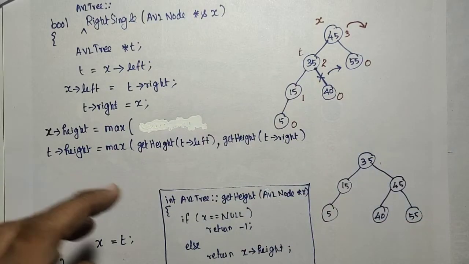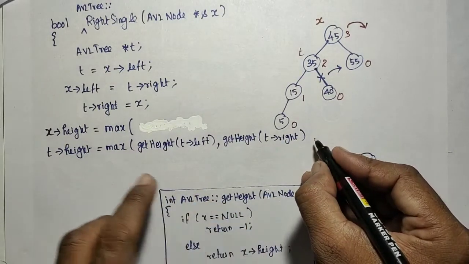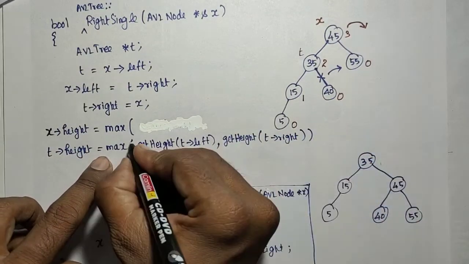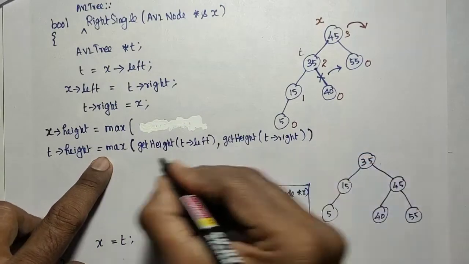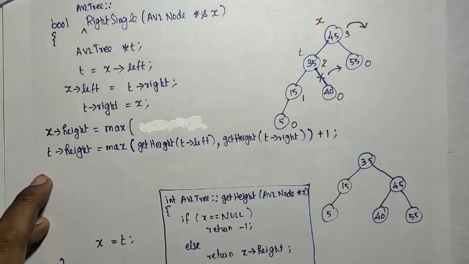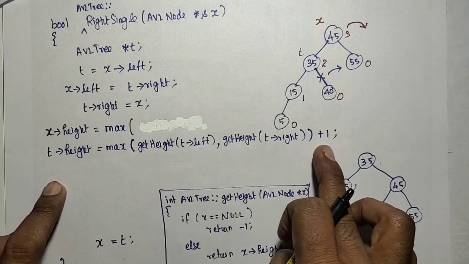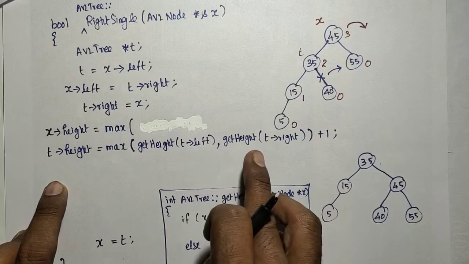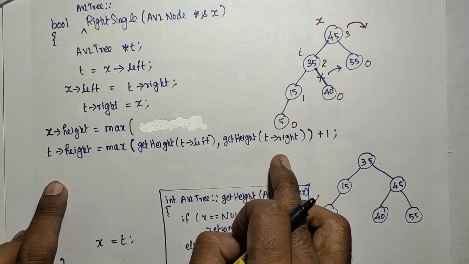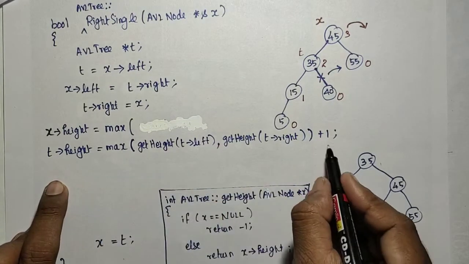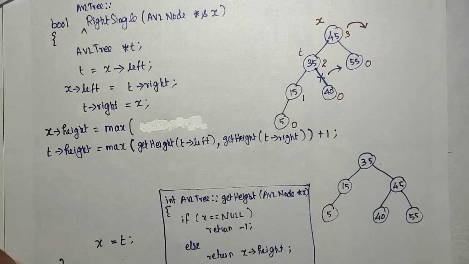This will give the maximum between the left and right, then I need to add +1, that is the height of T. So T of left comma T of right height, in that what is the maximum, the function I have to define, plus 1.